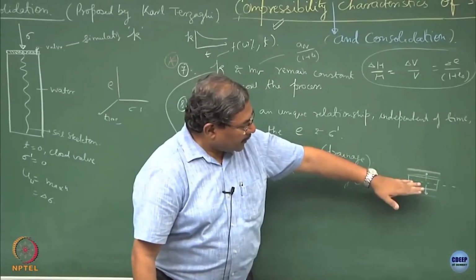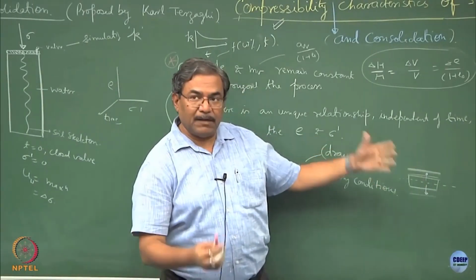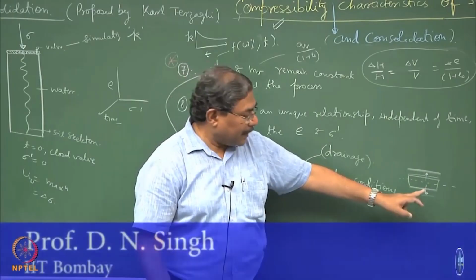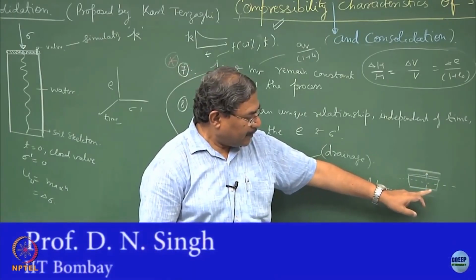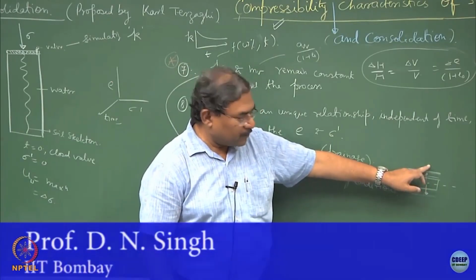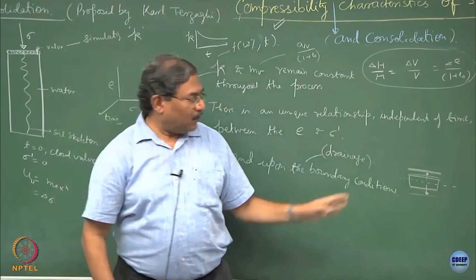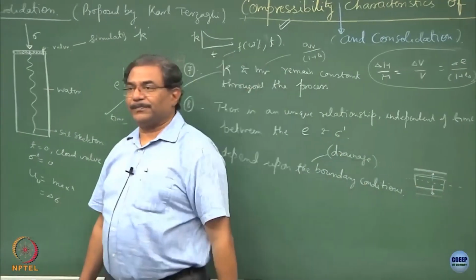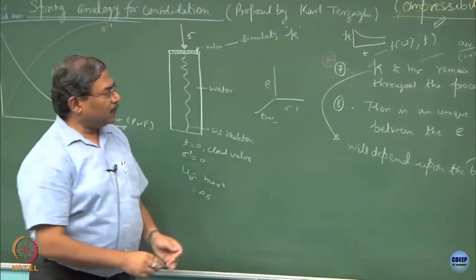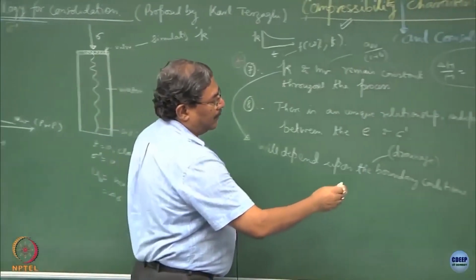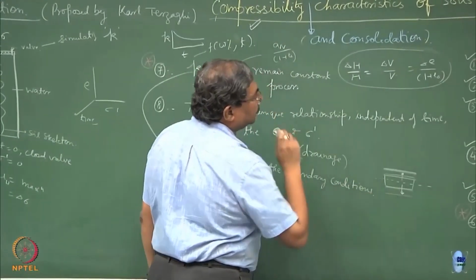Because of the application of the stresses, whatever pore water pressure develops gets dissipated from this porous stone as well as from this porous stone about a line of symmetry. So, K will also depend upon the boundary conditions.